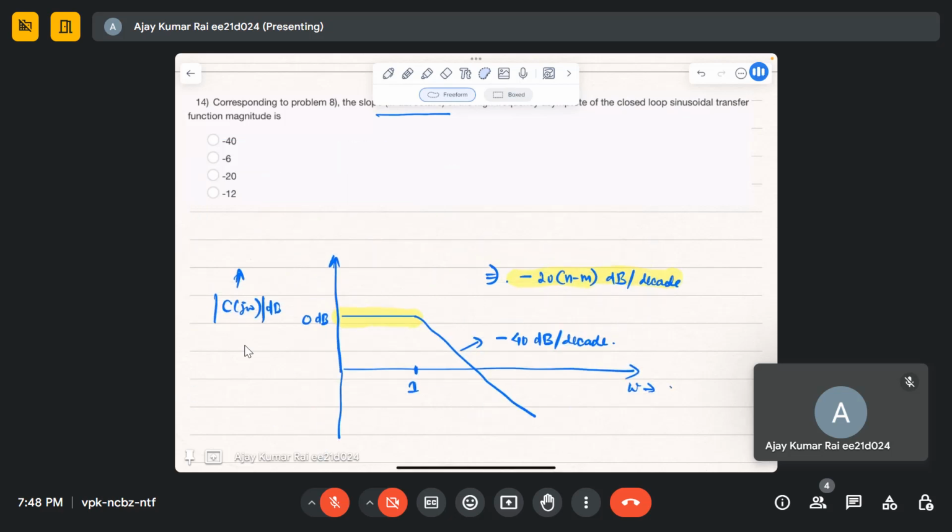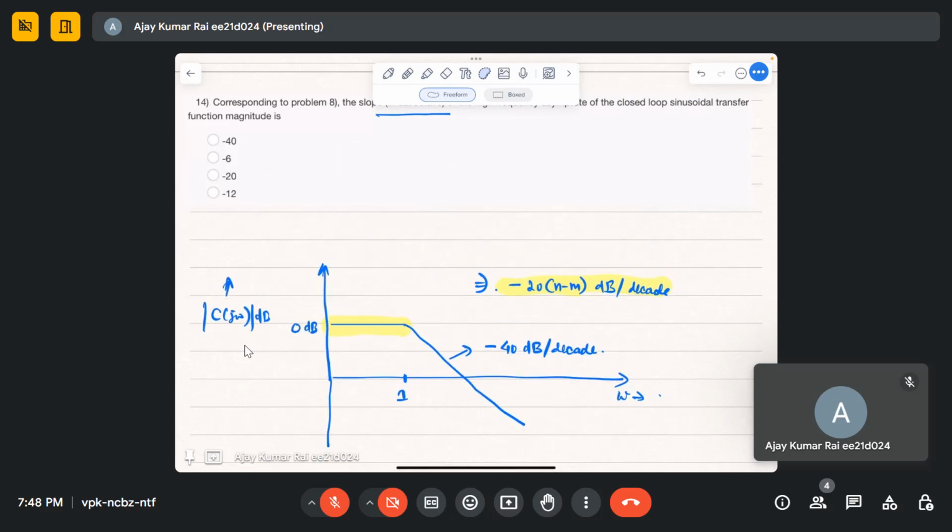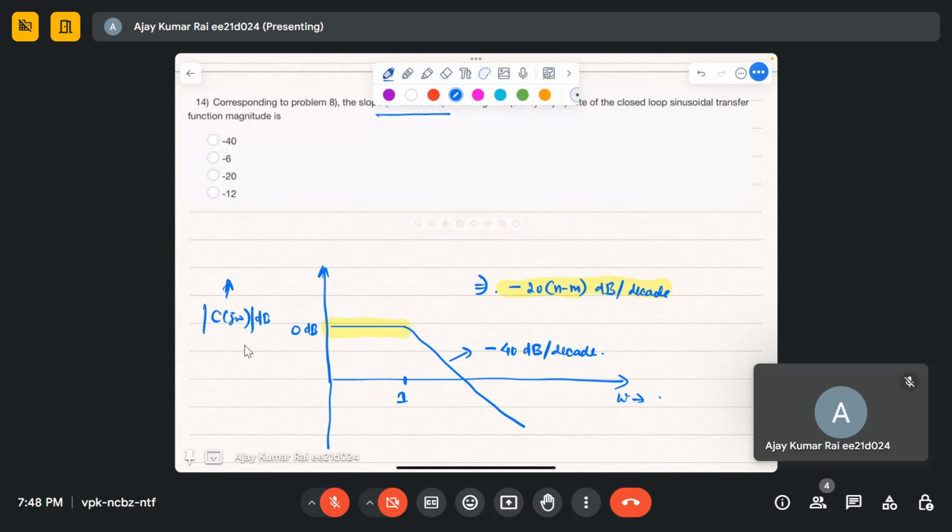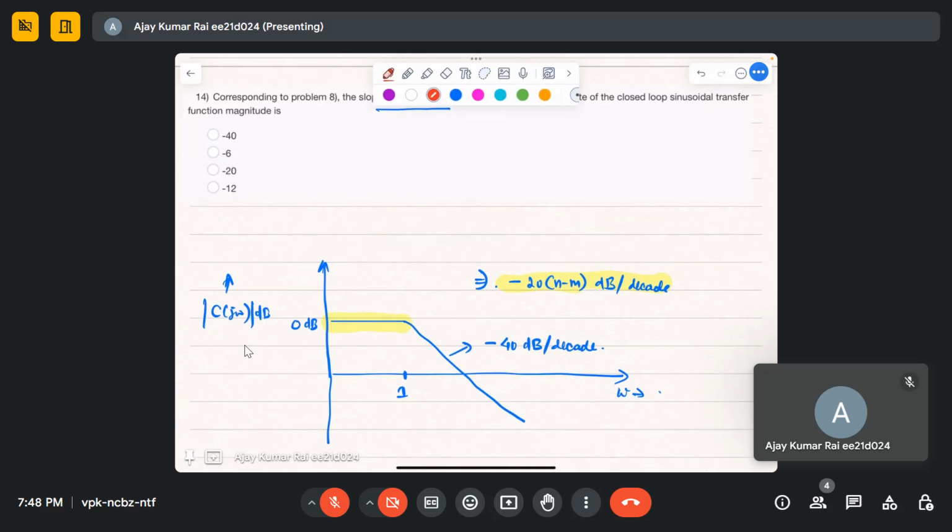So this is in dB per decade, and if you want to calculate it per octave, you'll get plus 6 dB per octave.